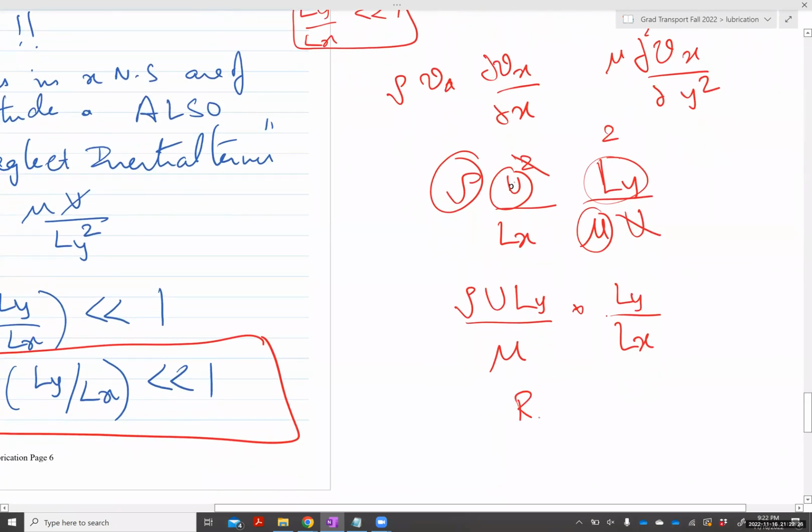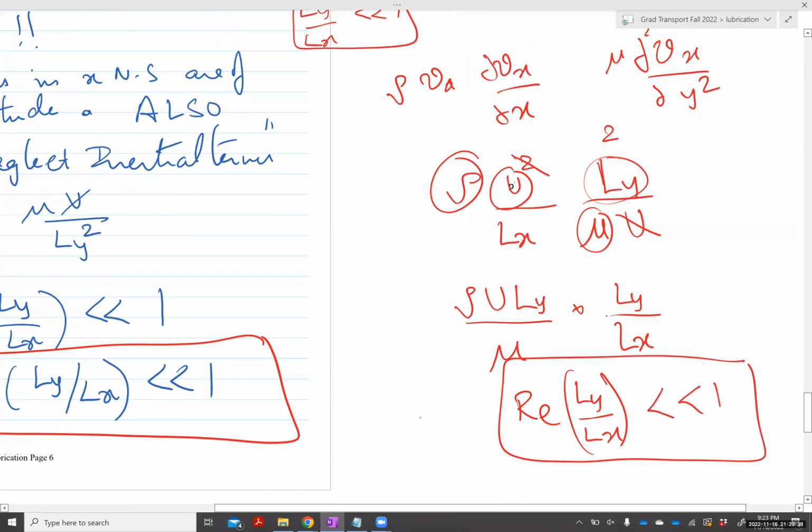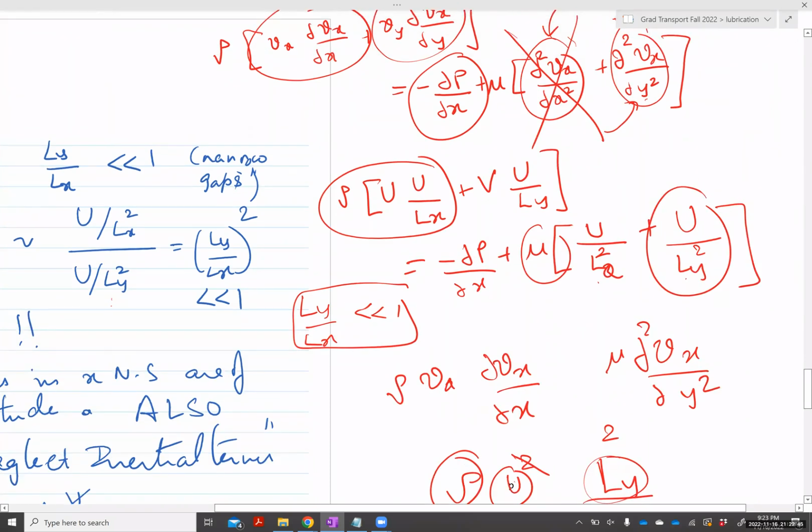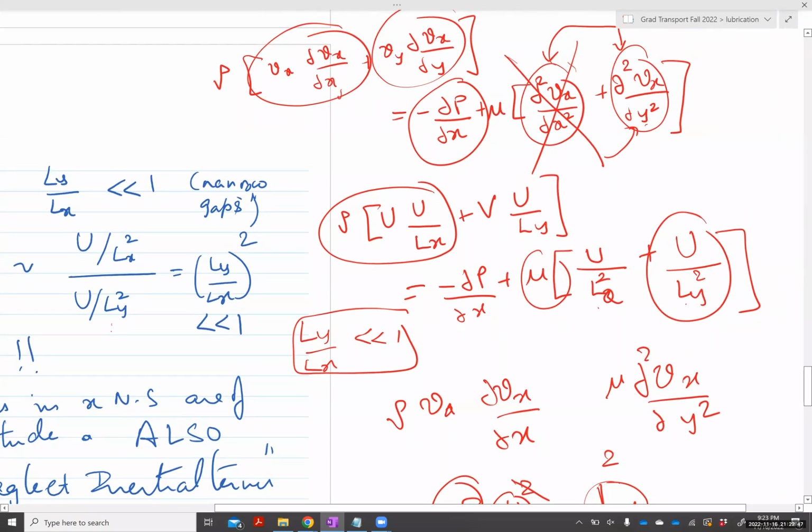So this is Reynolds number times Ly over Lx, and that is my dynamic constraint. My dynamic constraint is Reynolds number times Ly over Lx is much less than 1. Voila. If my geometric constraint holds good, then this term is negligible compared to this term.